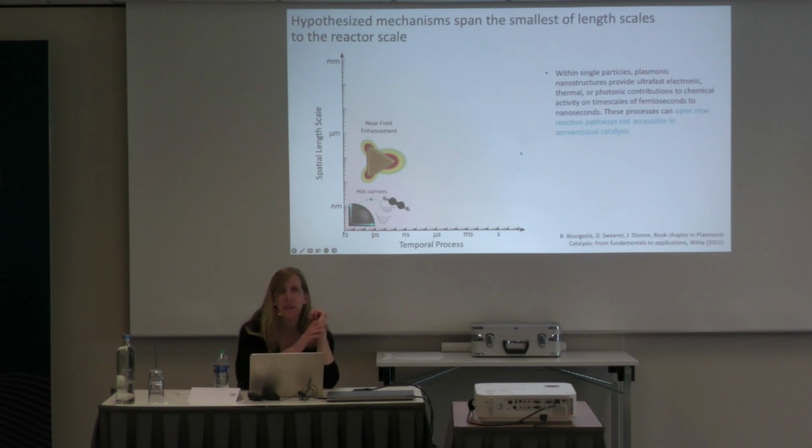And to better understand what those mechanisms are, you really need to think about a variety of length and time scales. At the smallest of length scales and the fastest of temporal scales, you can think about illuminating a metal nanoparticle, here shown as this gray quadrant of a sphere, with the Fermi-Dirac distribution of electrons superimposed on it.